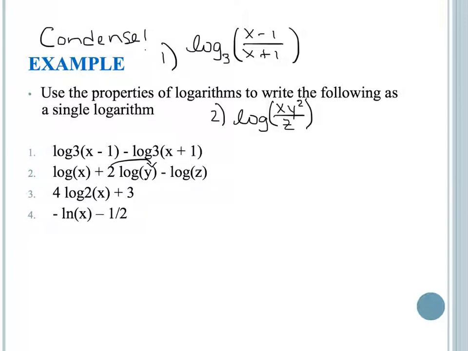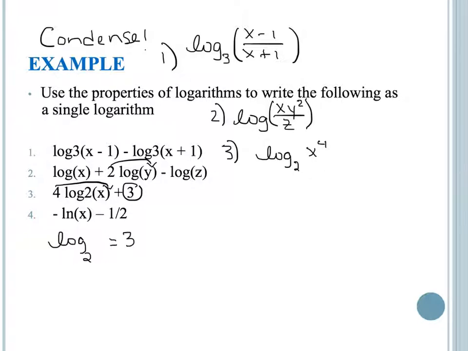Now in number 3, I have a logarithm base 2, and the 4 means it has to go up as my exponent, so I'd have x to the 4th. But this 3 here, I need to get that back into log base 2, so I'm going to come down here with a little bit of scrap work. So log base 2 of something has to equal 3.